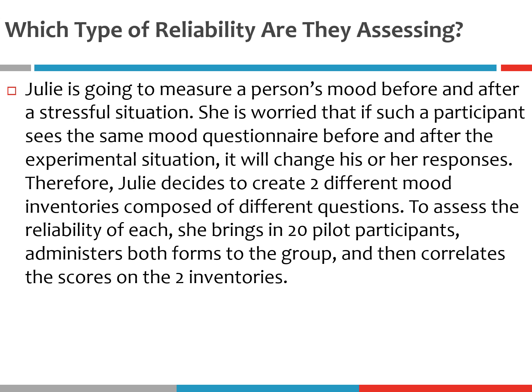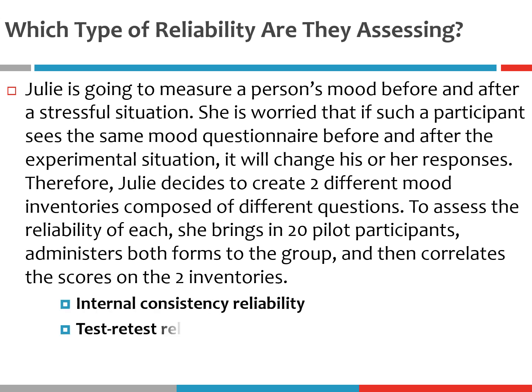So the idea here is there are 2 scales or 2 tests, and they're slightly different, and Julie wants to know, are they equivalent? Can they be considered equivalent? That means basically, are they measuring the same thing, even though they're different? They're worded differently, or they have different items on the 2 scales. So based on what we learned before, we know it's not internal consistency because that's for one scale.